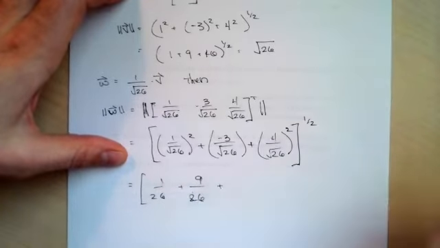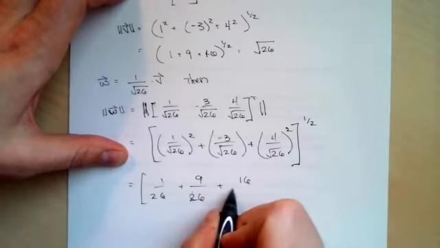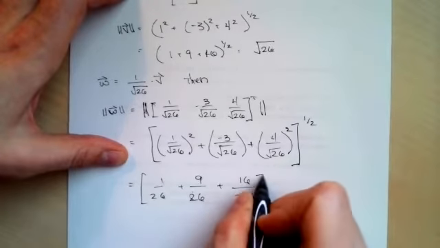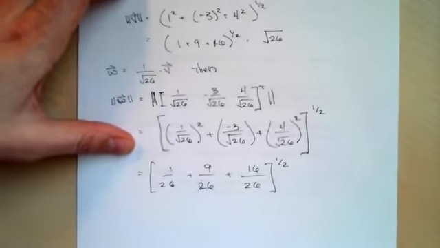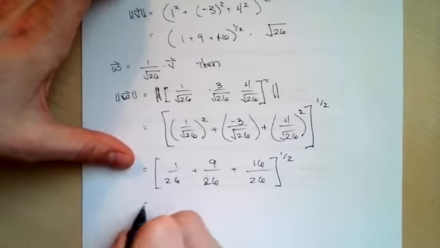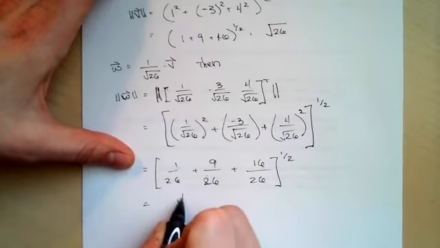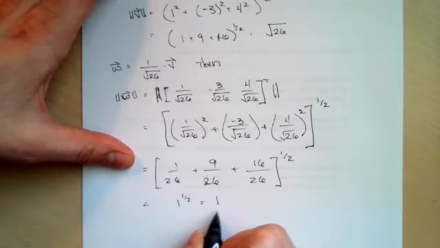And as we see, the sum of the numerators is going to be exactly the denominator, and so we'll just get 1.